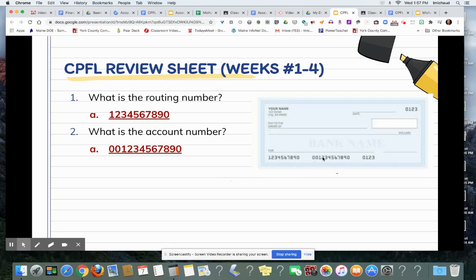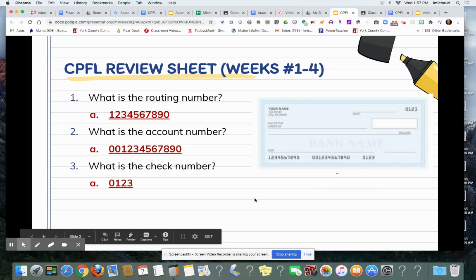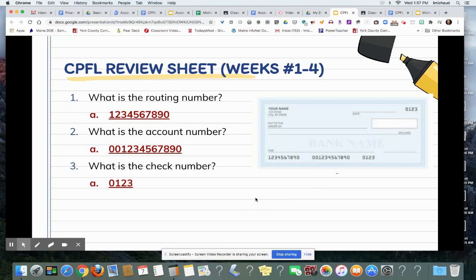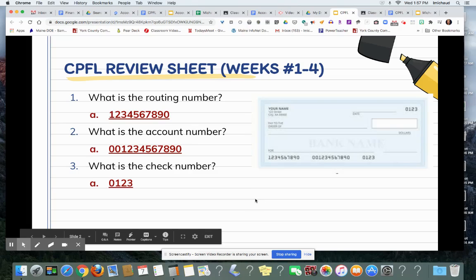That is the second set of numbers at the bottom of the check, 0, 0, 1, 2, 3, 4, 5, 6, 7, 8, 9, 0. Not too original, huh? Okay, number 3, what's the check number? That's the third set of numbers. It's also in the upper right-hand corner, 0, 1, 2, 3. All right, ready to move on. Make sure you record this on your handout.